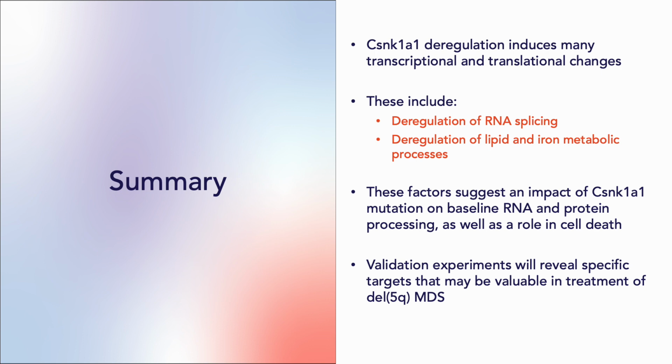These factors suggest an impact of casein kinase 1A1 on baseline RNA and protein processing, which is interesting because we did not do any perturbation experiments yet, so this is really just looking at the fundamental effects of casein kinase on the cells. And this paves the way for validation experiments that will hopefully reveal specific targets that may be valuable in the treatment of this disease.